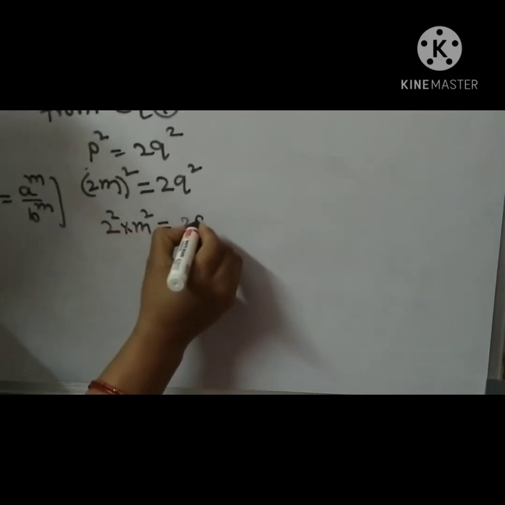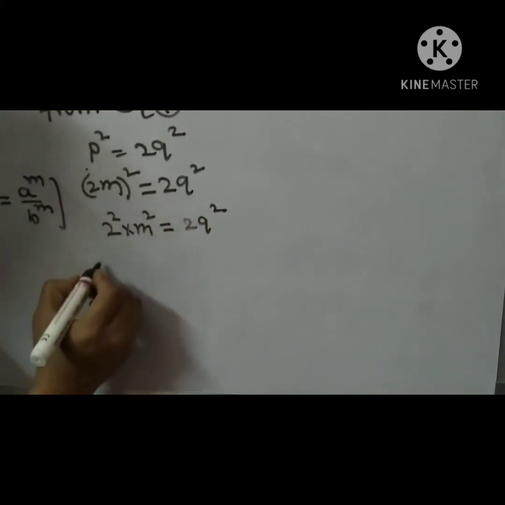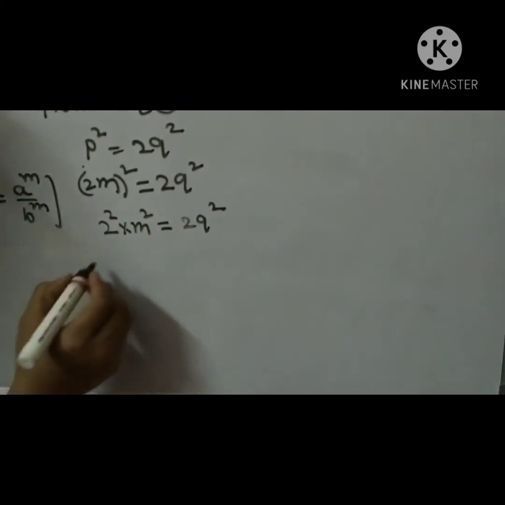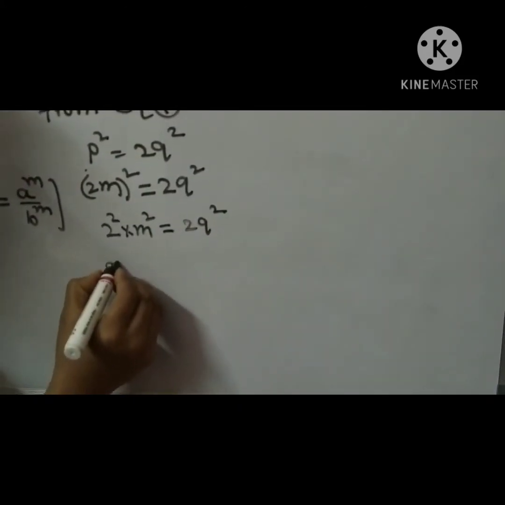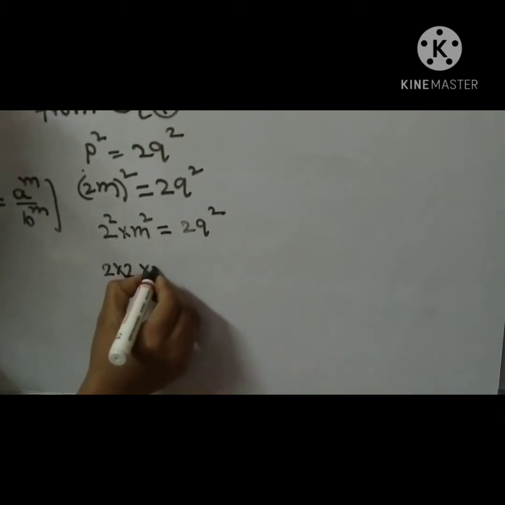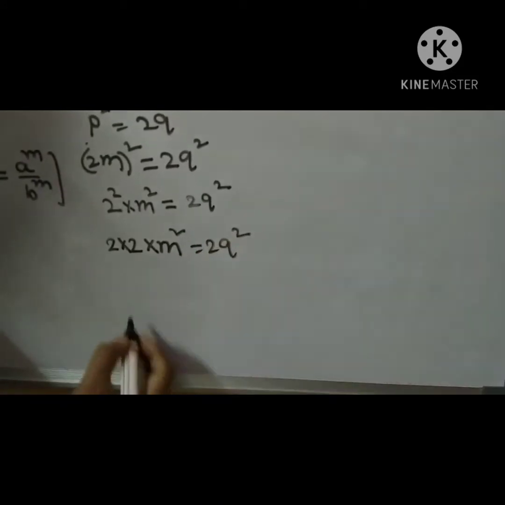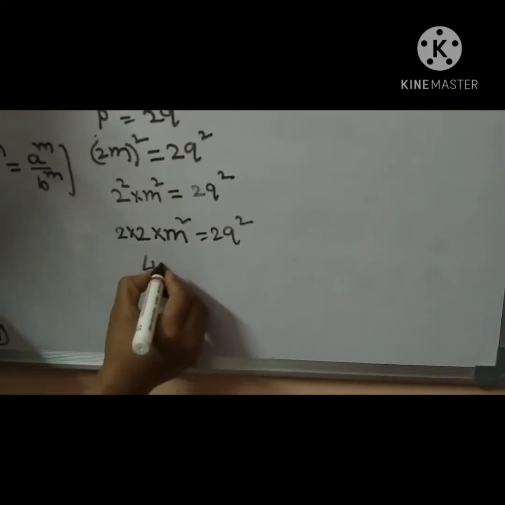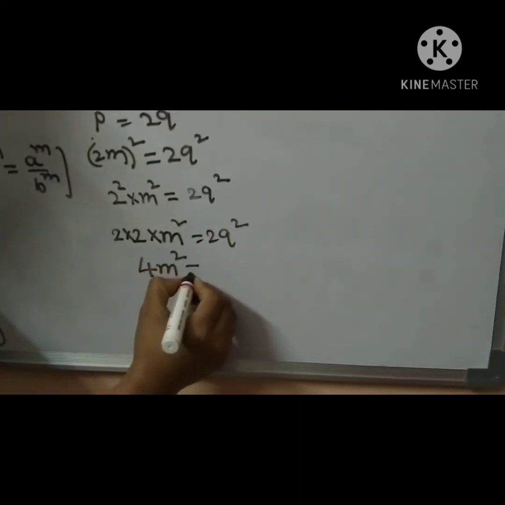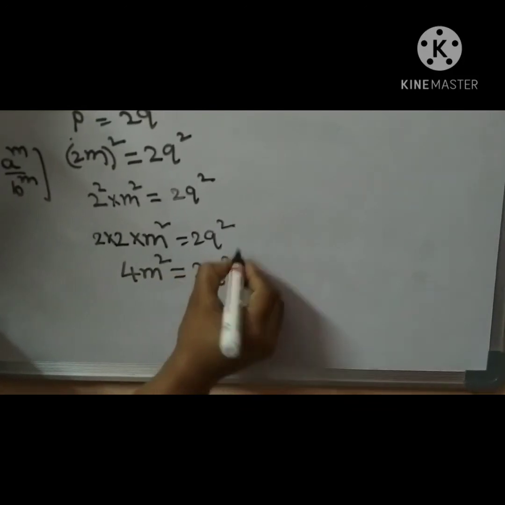So here, 2 square means how many times do we write 2? 2 times. So 2 into 2 into m square equals 2q square. Here 2 twos are 4, so 4m square equals 2q square.